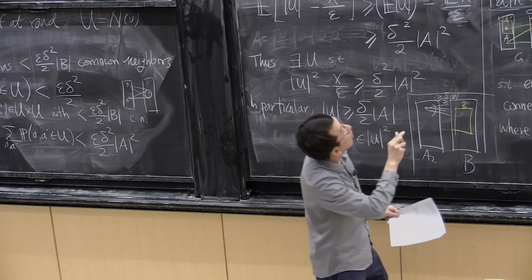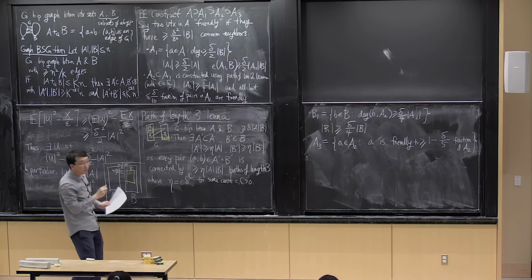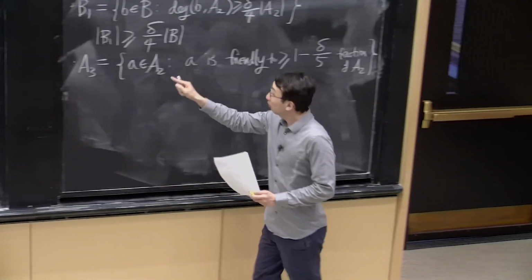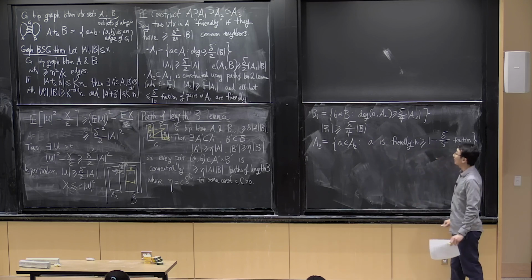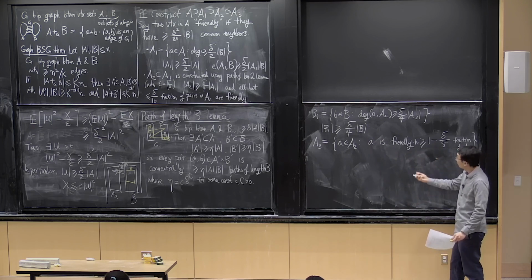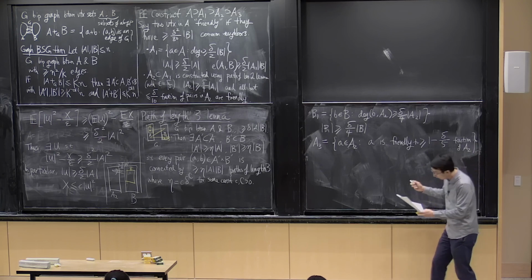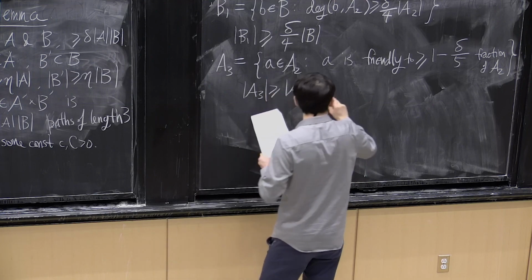Right? So most meaning all but a delta over 10 fraction. So if we consider vertices which are unfriendly to many other vertices in A2, there aren't so many of them. If there were many of them, you couldn't have had that. So that's why I construct this set, A3, consisting of elements in A2 that are friendly to many elements. And the size of A3 is at least half of that of A2.